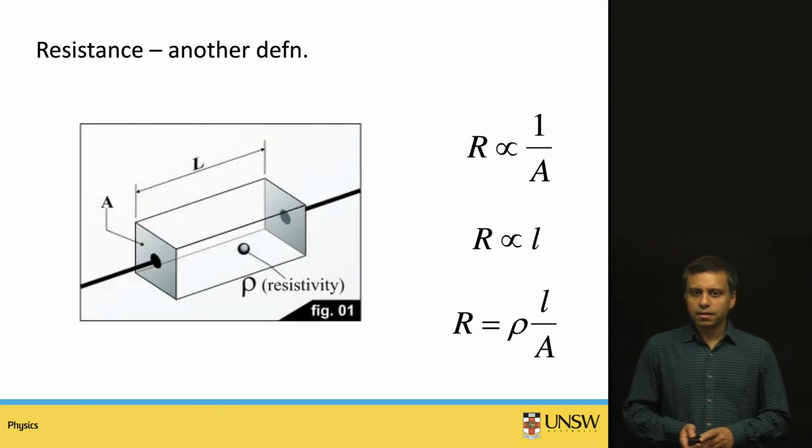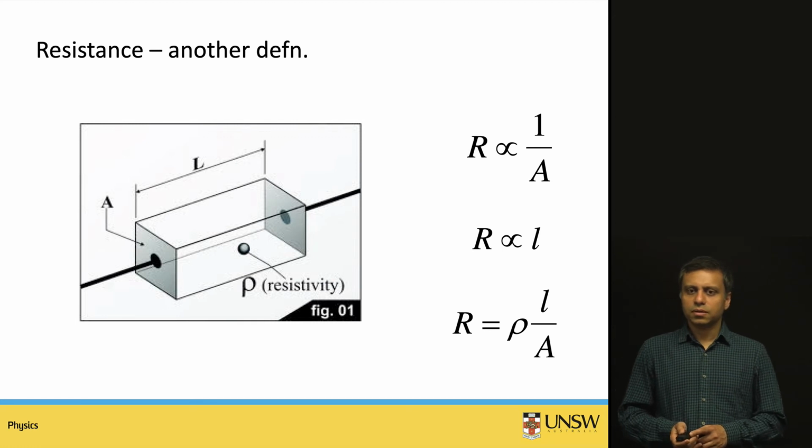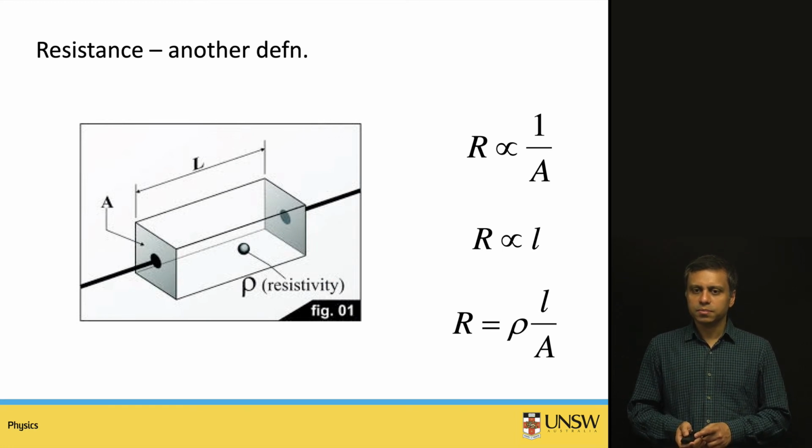This picture clearly shows it. You have a material of length L that conducts current, with a cross-sectional area A. R equals rho times L over A, the ratio of L and A.